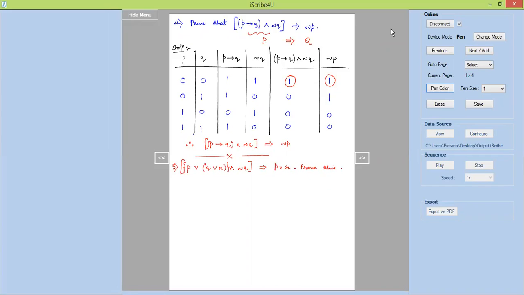The first expression is P or Q or R and negation Q, and we have to prove this implies P or R. So again we will frame the truth table and we will obtain the resultant. We will just write down the solution.